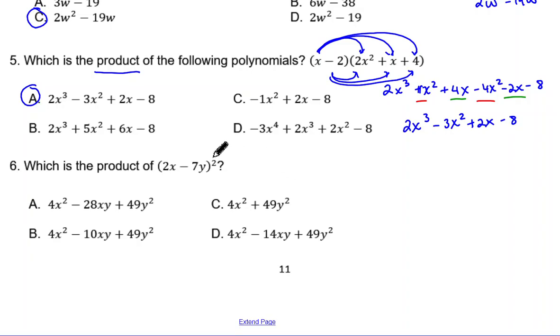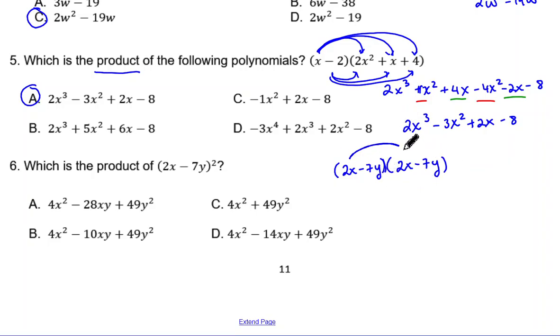What is the product? Well, I only see one polynomial, but I do see the square. So I'm going to go ahead and expand this out. The square means that you take 2x minus 7y and then multiply it by itself. So I'm going to put multiplied by 2x minus 7y again. And then we'll multiply everything out.